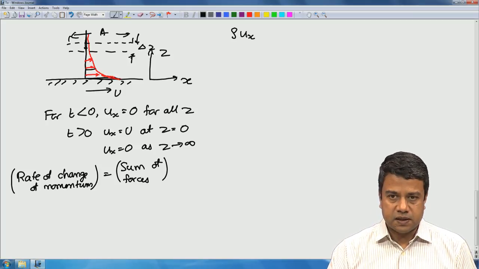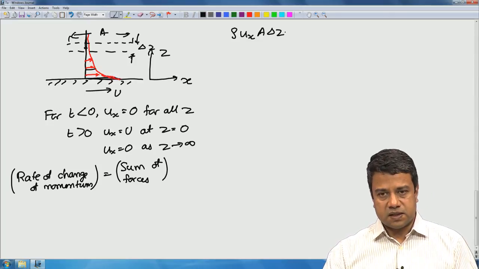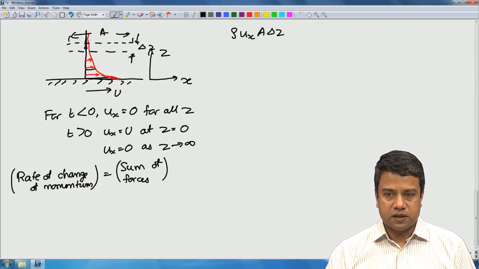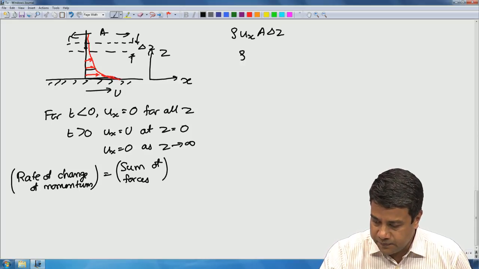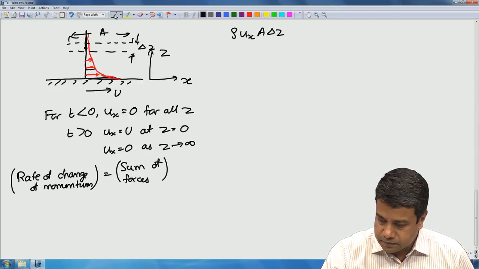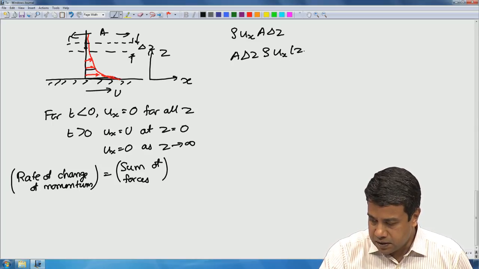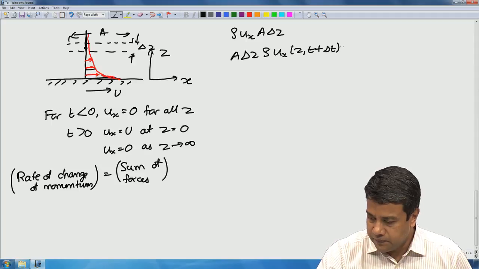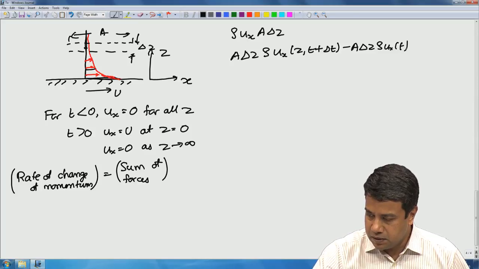The density times the velocity is a momentum density, times the volume is the x momentum within this differential volume. So, the rate of change of momentum within a time delta t is going to be equal to the momentum rho ux at z, t plus delta t minus A delta z rho ux at z, t.